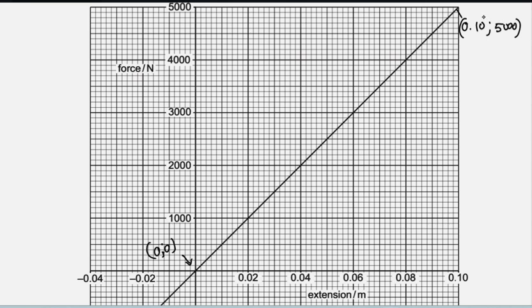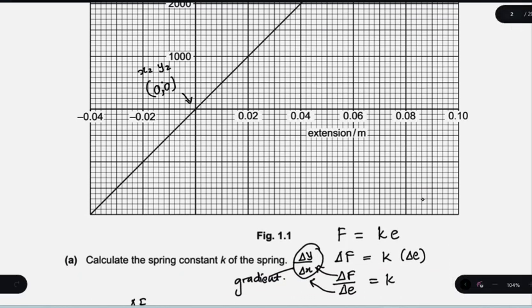This is our x1, y1, and this is our x2, y2. Remember, when you're calculating gradient it is change in y over change in x, so I can have y1 minus y2 over x1 minus x2.